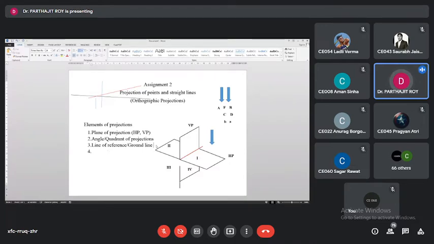And you will find that people always represent this with small x, small y. At one end they will write small x, at the other end they will write small y. Let me make it more clear. So this is how the ground line will be represented.